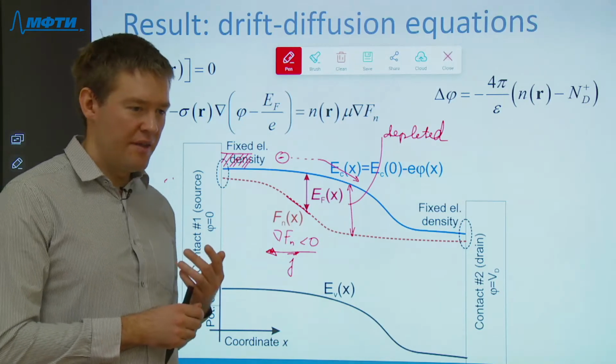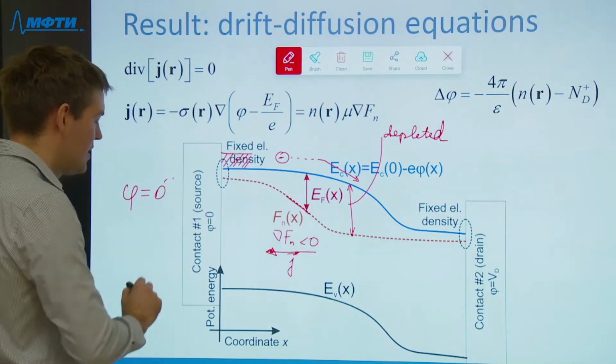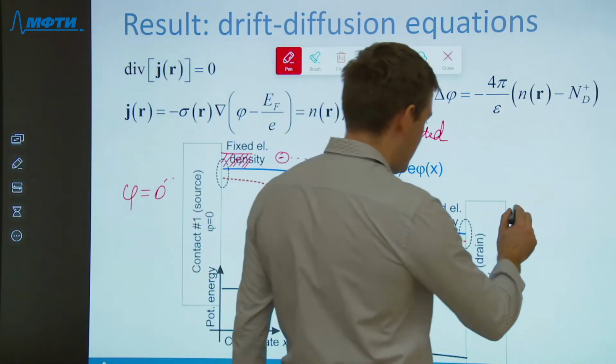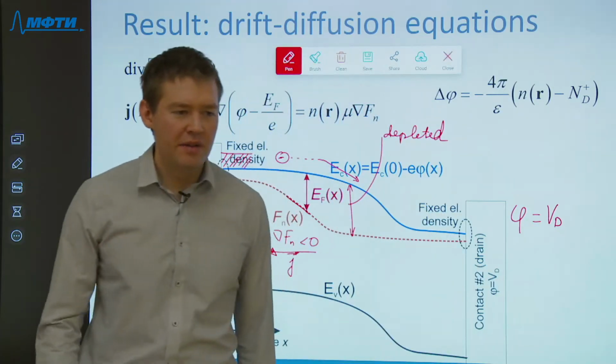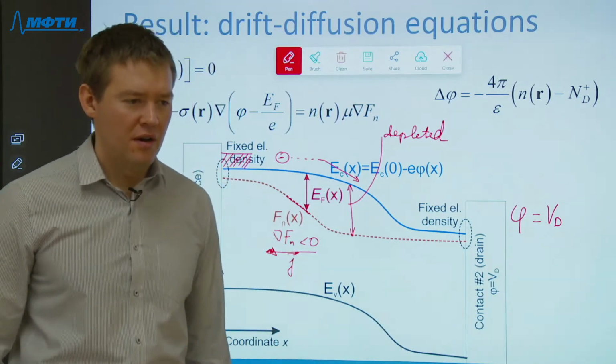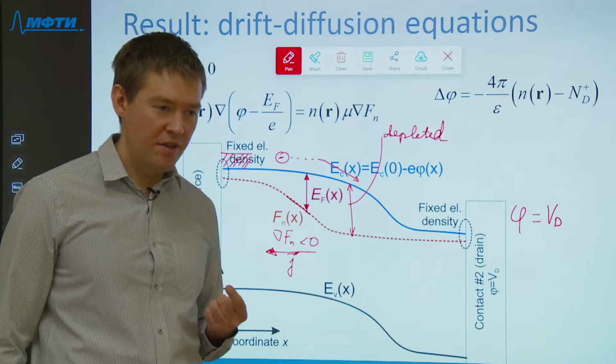But the boundary conditions for electric potential are quite obvious. Phi equals 0 here, phi equals Vd here. But what about the boundary condition for current, as you said? Where should we take this third one?